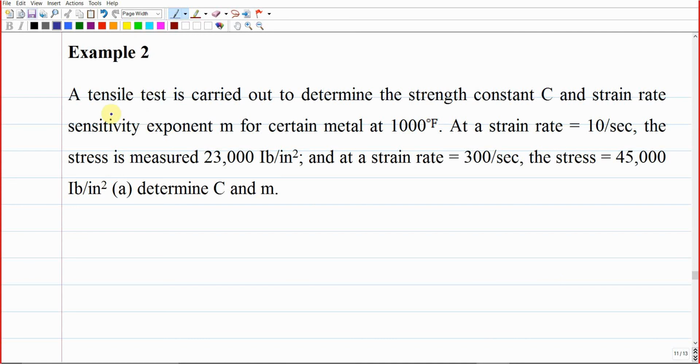So let us consider this example of a tensile test. Since it is a tensile test, the objective is to increase the length.